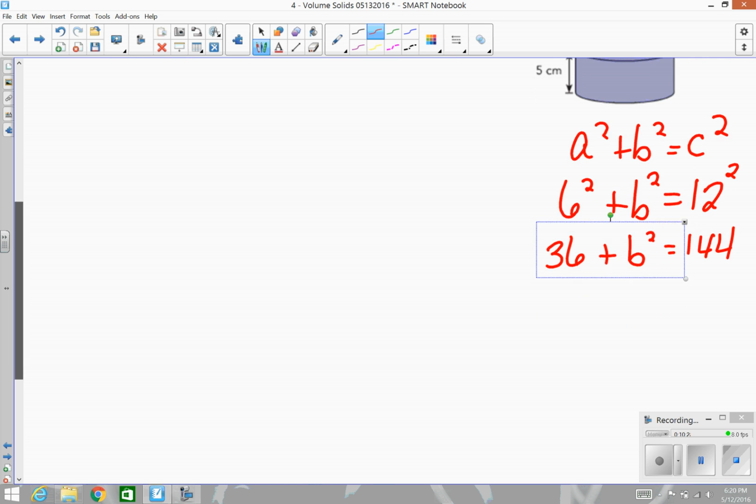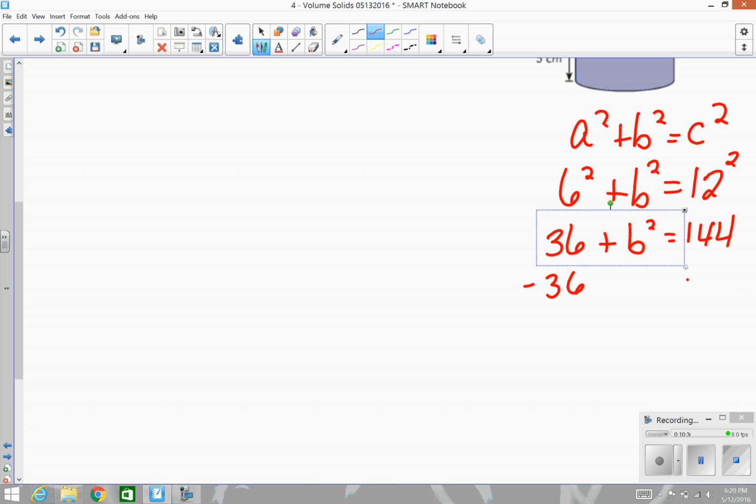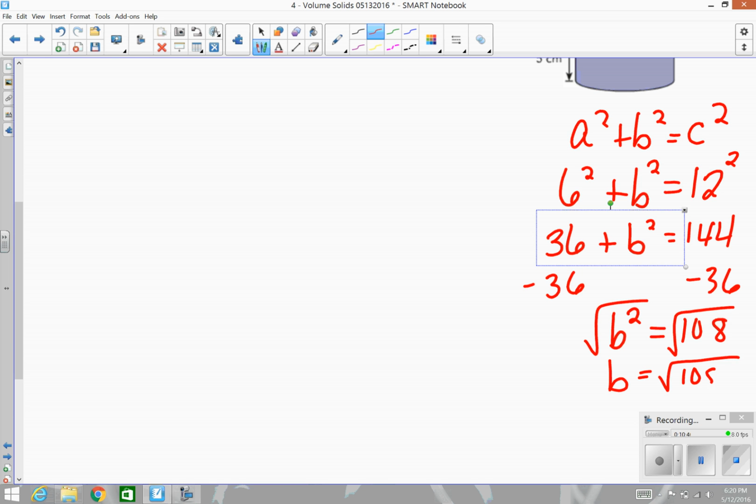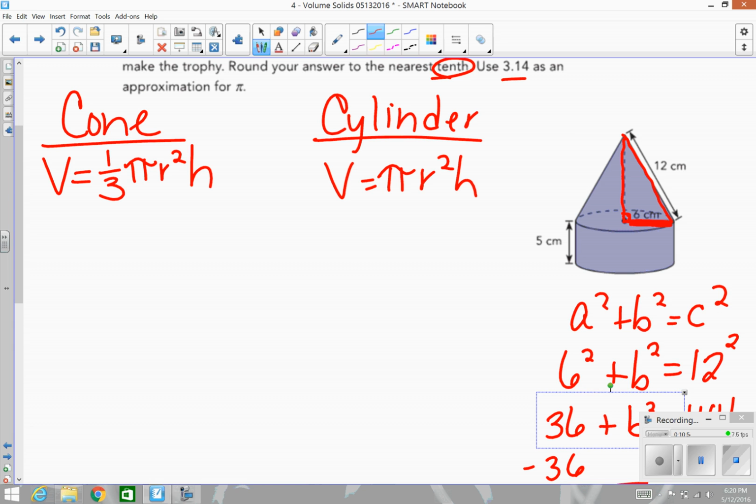Subtract 36. B squared equals 108. To be honest with you, I would probably leave this in exact form so that we're as precise as possible, at least for now. So we're going to say that this height is square root of 108.